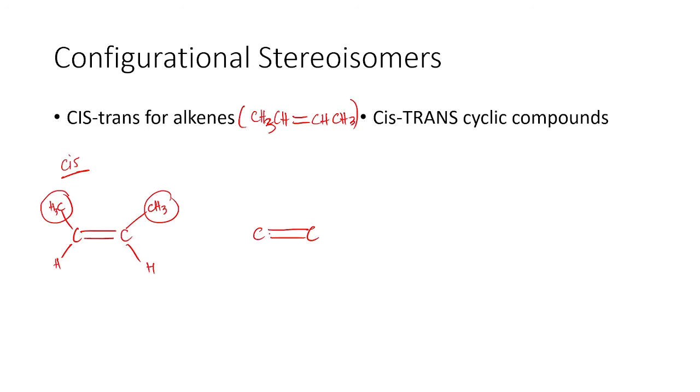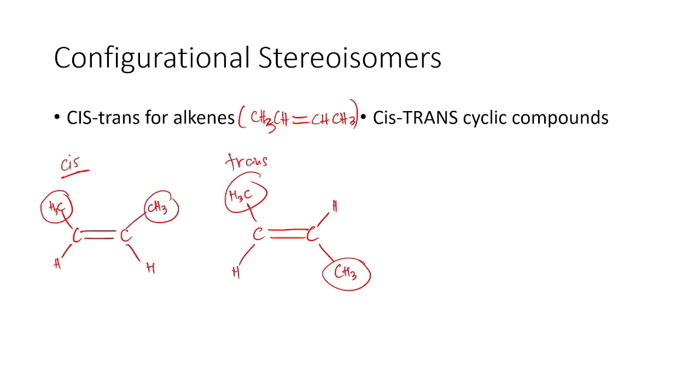We have our carbon compounds, then our CH3, and we have our CH3 and our hydrogen. As you can see here, our methyls are not on the same side. One is on the top and one is on the bottom. So this will be our trans configuration.